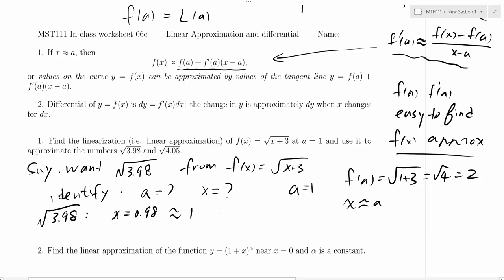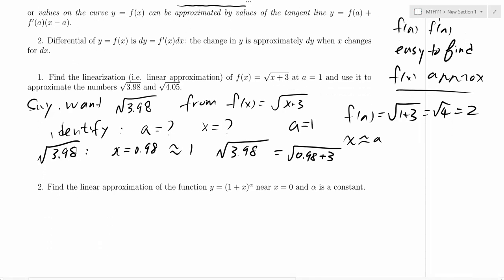So we can see that the square root of 3.98 is equal to the square root of 0.98 plus 3, so x is 0.98 there. Now we just need to find the derivative. For f of x, the derivative is 1 over 2 root of x plus 3. So at point a, we have 1 over 2 root of 1 plus 3, so we have root 4 again, and that's going to be 1/4.